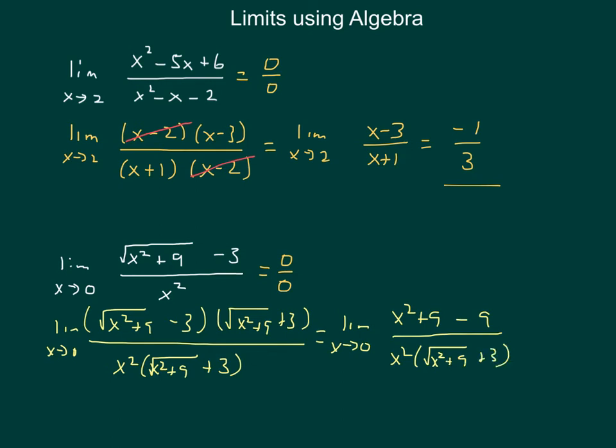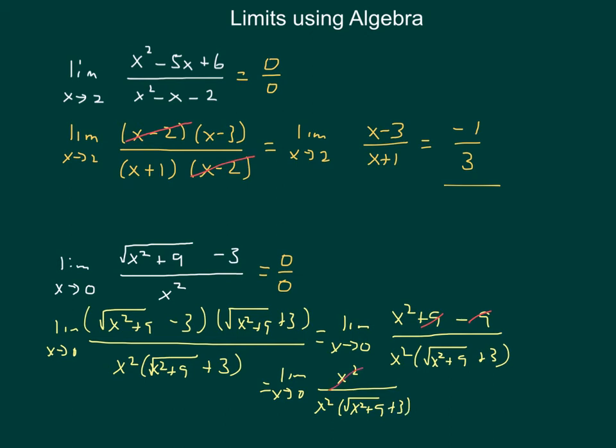So at this point here, I know that the 9's drop off. And so what I have at that point is the limit as x approaches 0 of x squared over x squared times the square root of x squared plus 9 plus 3.